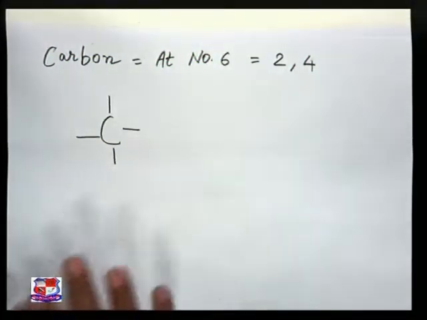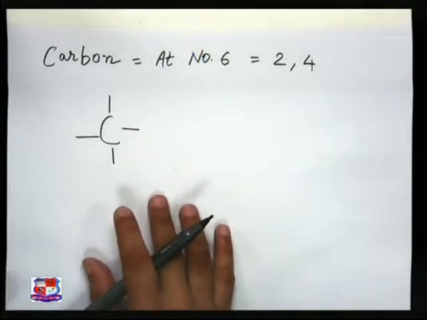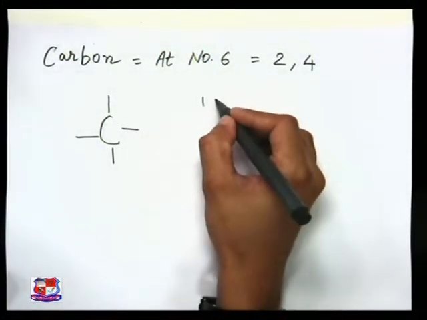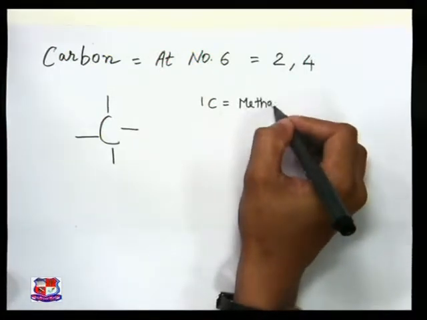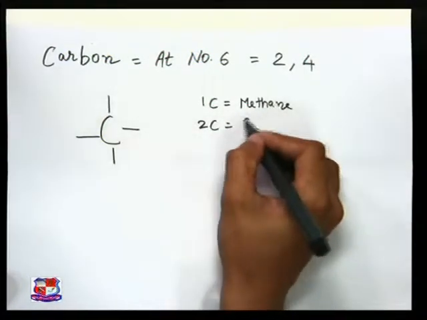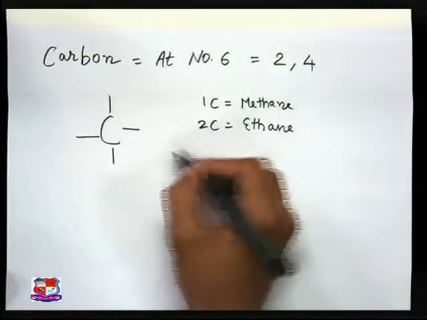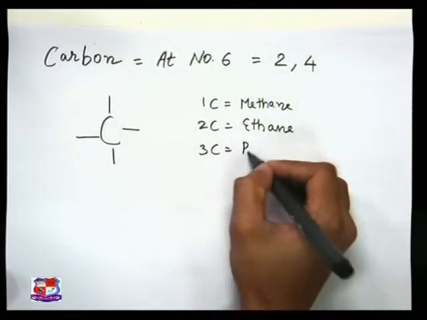Apart from this, consider the carbon compounds. You are all aware that the one carbon compound is the derivative of methane. The 2 carbon compound is ethane, the 3 carbon compound is propane.